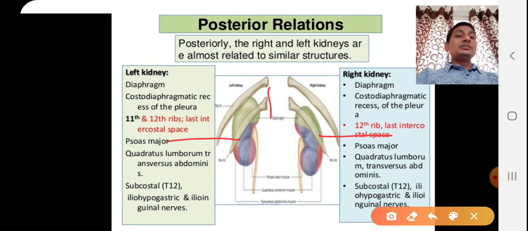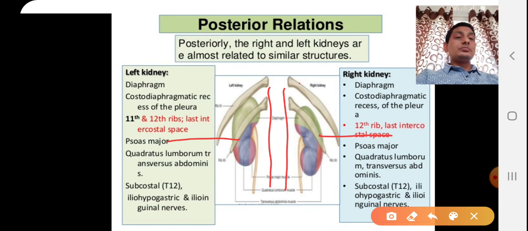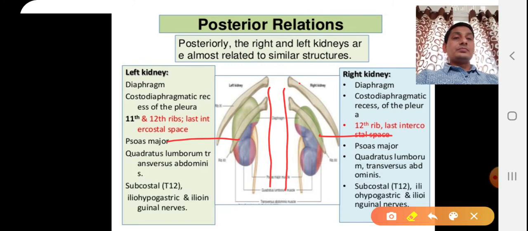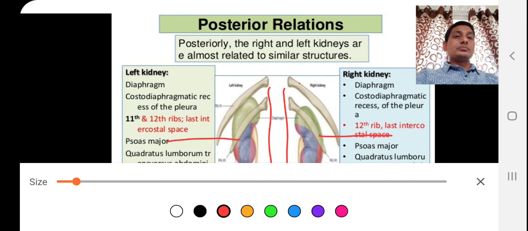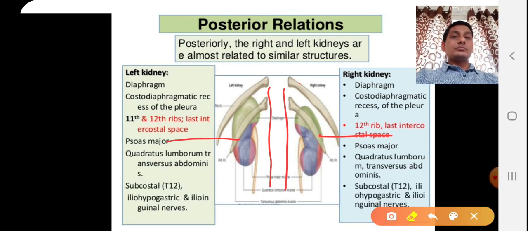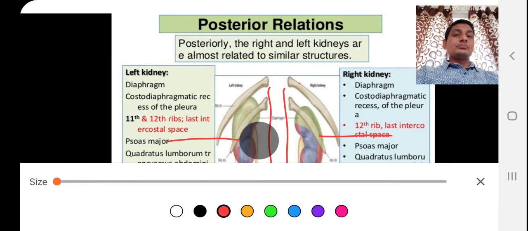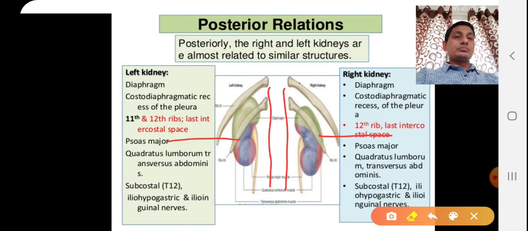Suppose here is the vertebral column, and the erector spinae goes from here.